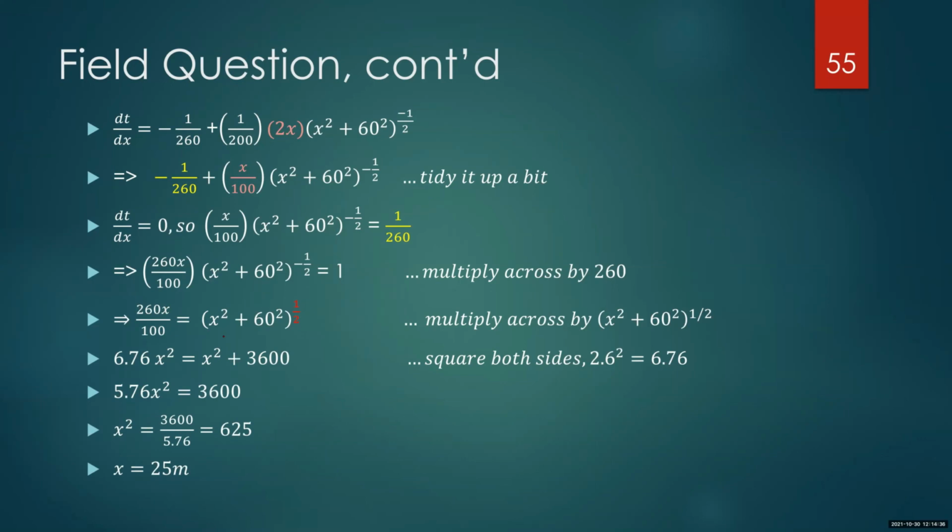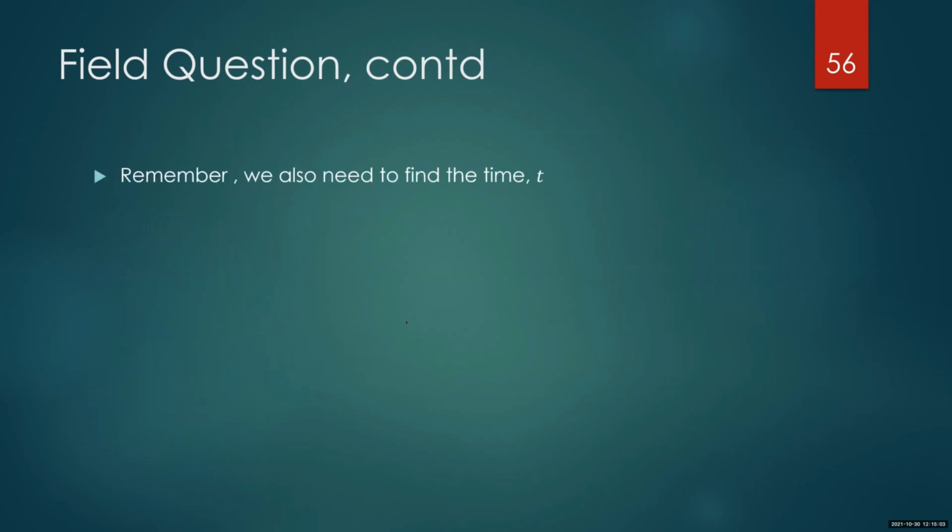And so remember that when x is 25 meters, just so we don't lose sight of things here, this is when dt/dx is equal to 0, x is 25 meters. So we now need to determine if it's a local maximum or a local minimum. And we also need to find the time.